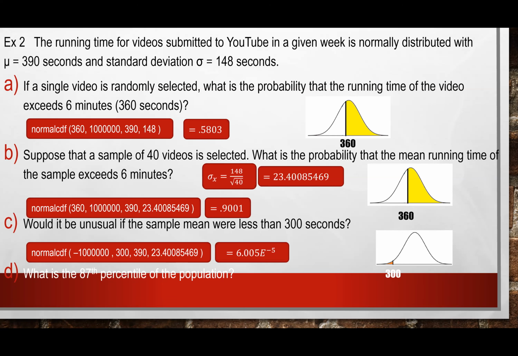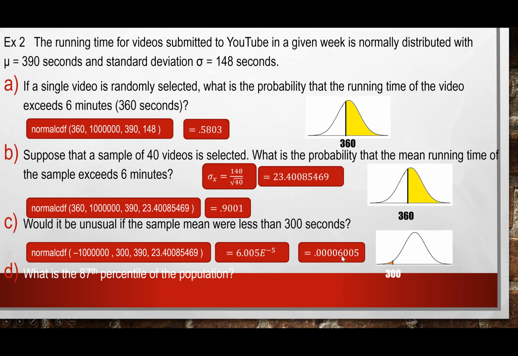23.400. And if you look at this, please, ladies and gentlemen, do not jump the gun. Do not say, oh, 6.05, that's bigger than the cutoff 0.05. Remember, the e to the negative 5 basically tells you to take this decimal place and move it 5 spaces to the left, right?